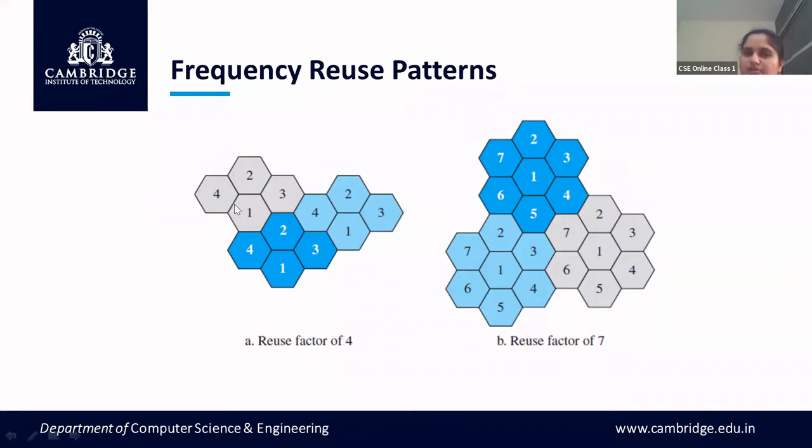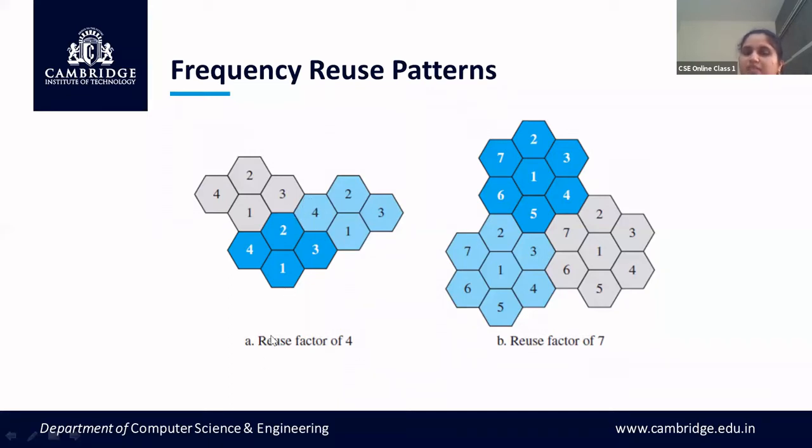So between these two adjacent cells, I cannot use 4, 4 or 1, 1 or 3, 3, all right? The adjacent cells cannot have the same frequency. But see here you have 4. The next adjacent to 4 is 2 and 1. Next I can reuse the pattern 4. Similarly, here I can use the pattern 4.